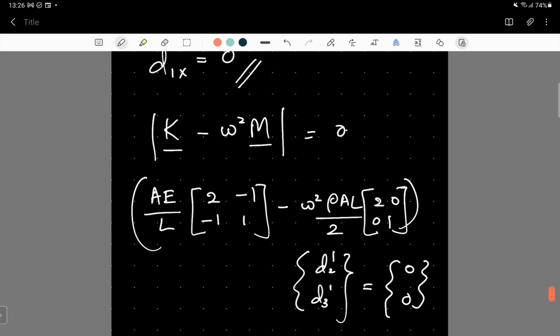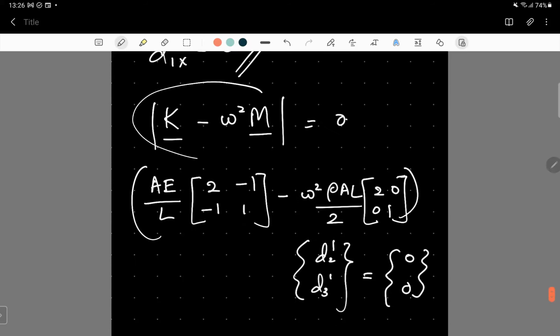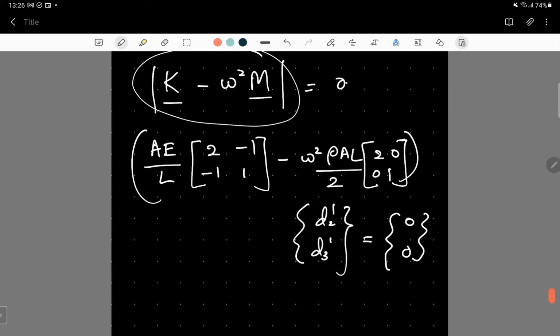All right. In order to obtain a solution for this set of equations, we set the determinant of the coefficient matrix equal to 0, as indicated previously in this equation. So we set the determinant of this part here to be 0.